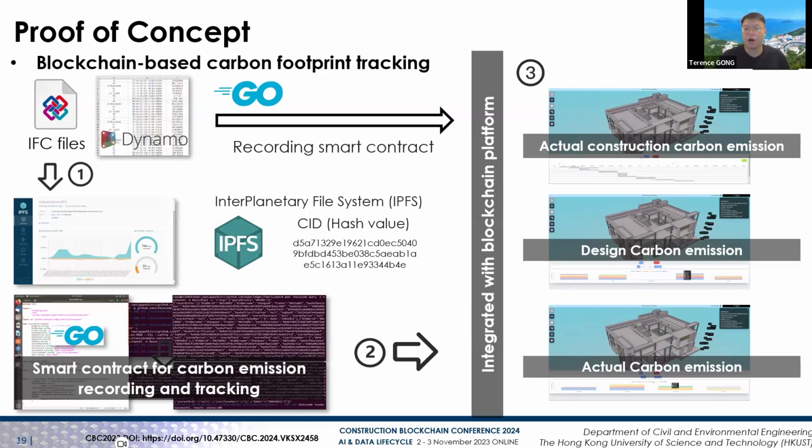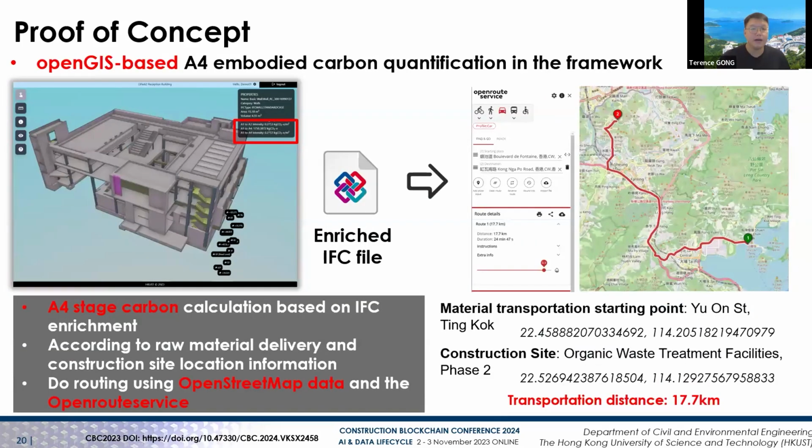The first is actual construction carbon emissions. Also, it has the design carbon emissions, and the last is the actual carbon emissions here. Then in the platform with the OpenBIM and the blockchain, we can set the A4 part; the embodied carbon quantification in this framework is based on IFC files.